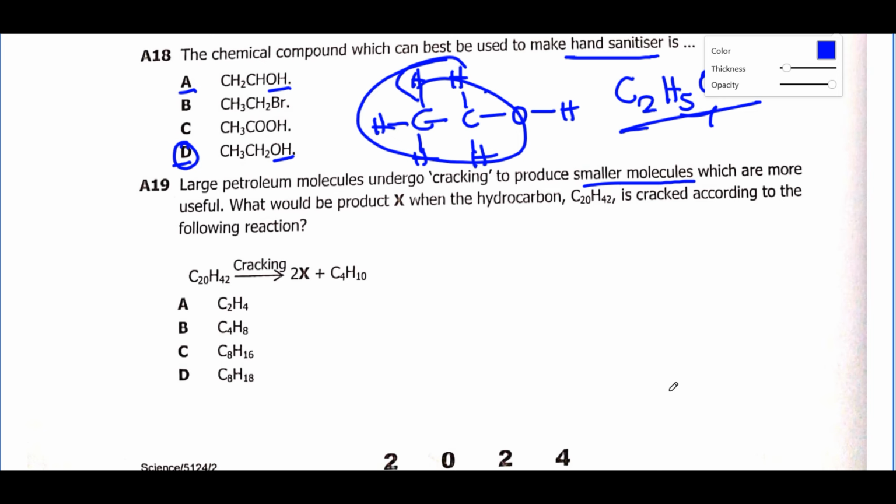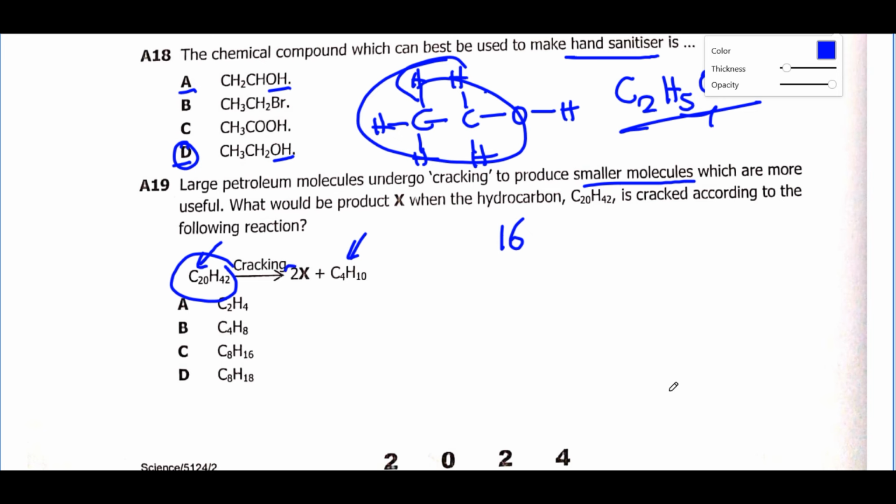What you are supposed to know is that the number of atoms of elements in the reactant undergoing cracking must be equal to the number of atoms in the products. Since there are 20 atoms of carbon in the reactant, there should be 20 atoms of carbon in these two products. In this product, there is 4. So 20 minus 4 gives us 16.